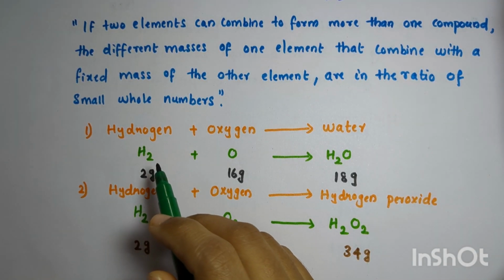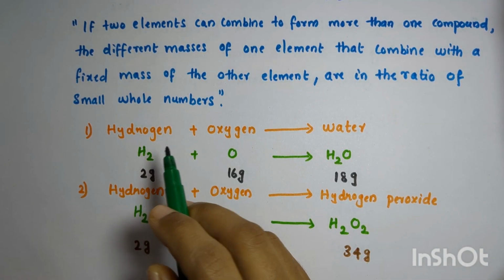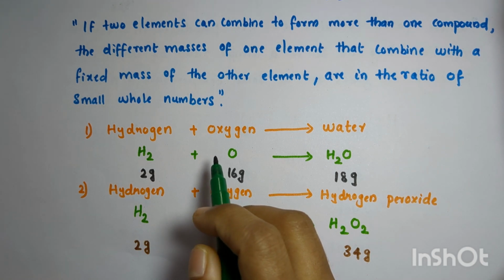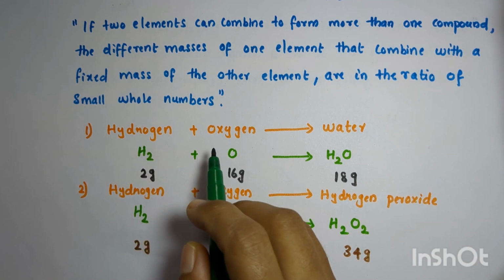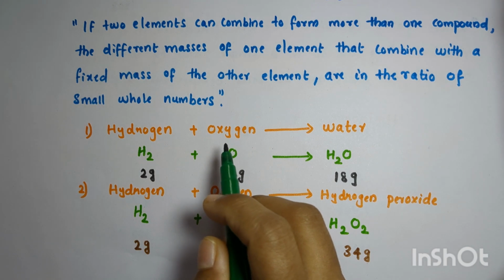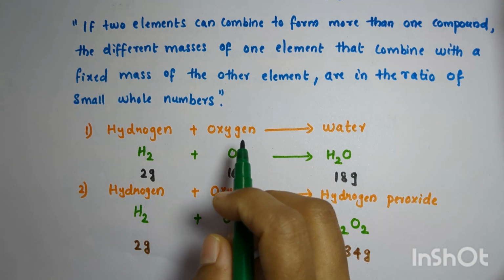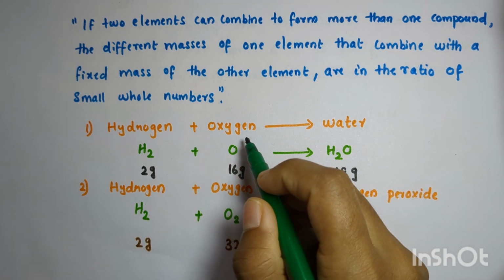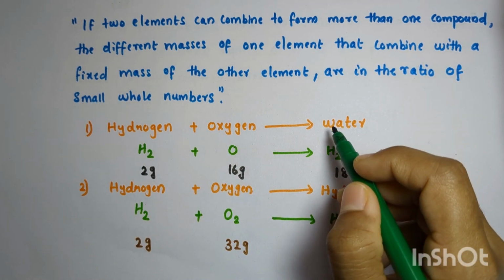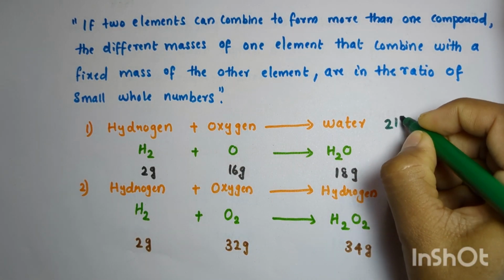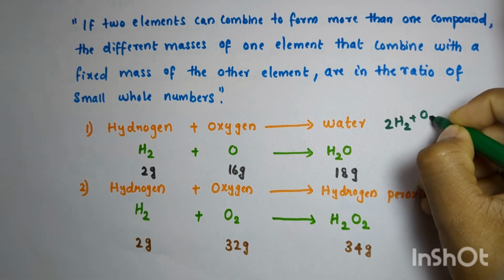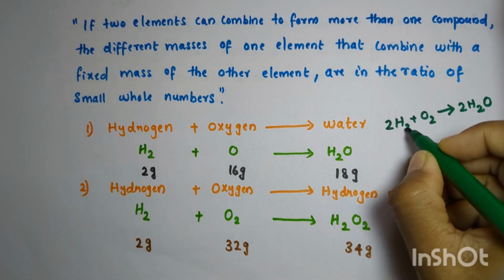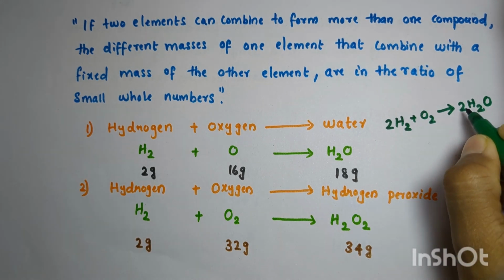Let us consider the two elements hydrogen and oxygen. By combining hydrogen and oxygen, we get more than one compound. By combining hydrogen and oxygen, we get water. Its correct formula is 2H2 plus O2 gives 2H2O, that is 4 hydrogen atoms and 2 oxygen atoms.